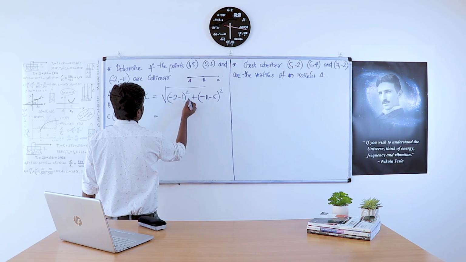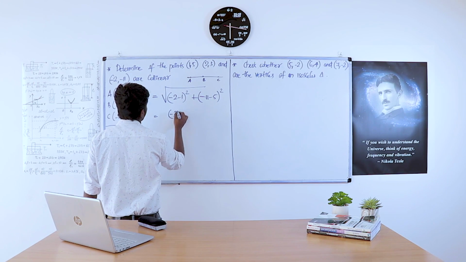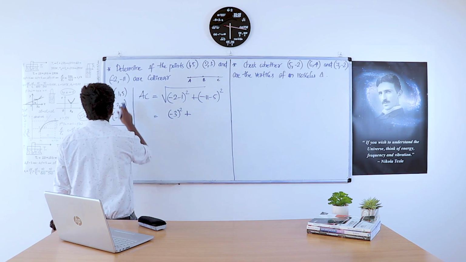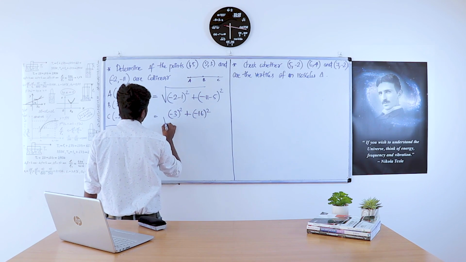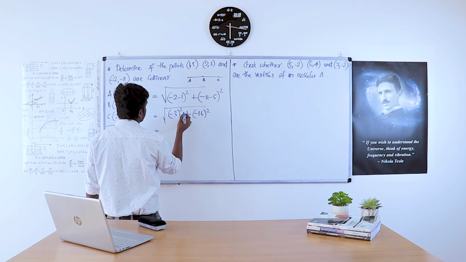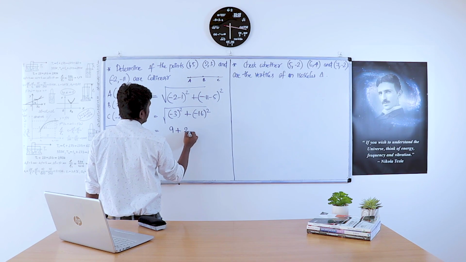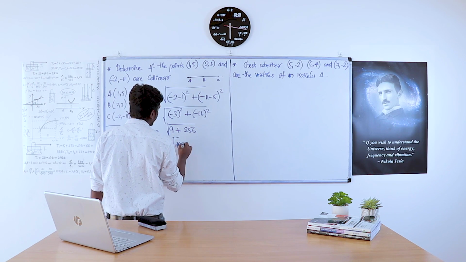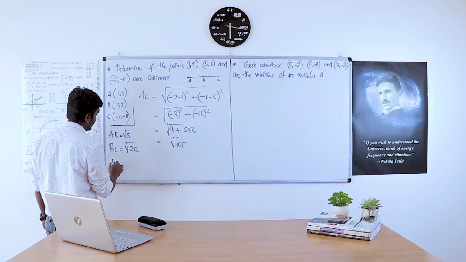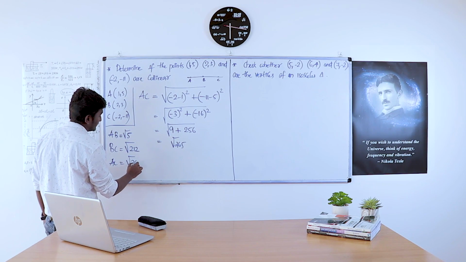That is equal to minus 2 minus 1, it is minus 3 the whole square plus minus 11 minus 5, it is minus 16 the whole square. So minus 3 the whole square is 9, plus 16 the whole square is 256. Then 256 plus 9, it is root 265. So AC is equal to root 265.